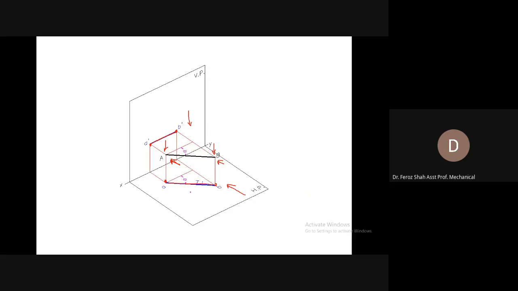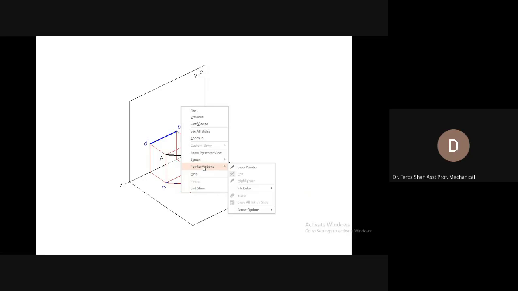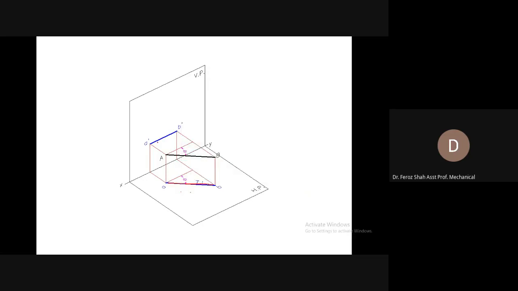Now you can see that the top view in this case is of true length, as the line is parallel to the horizontal plane. So on the horizontal plane, or in the top view, it would show the true length, while in the front view you can see the shorter length.